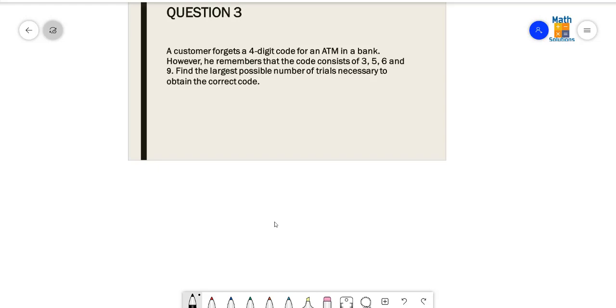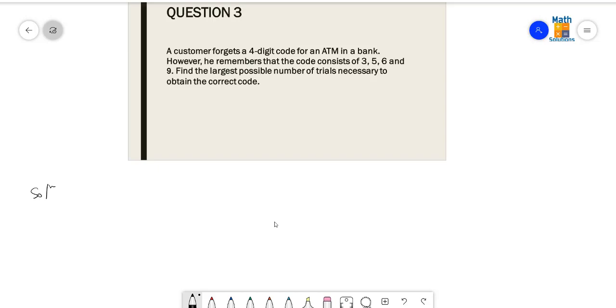Out of all those possible arrangements, only one arrangement will be applicable for this ATM code. Now in our hand, what we can do is, we have to find out the total number of possible trials. So here in this case, I am going to write in the solution part.